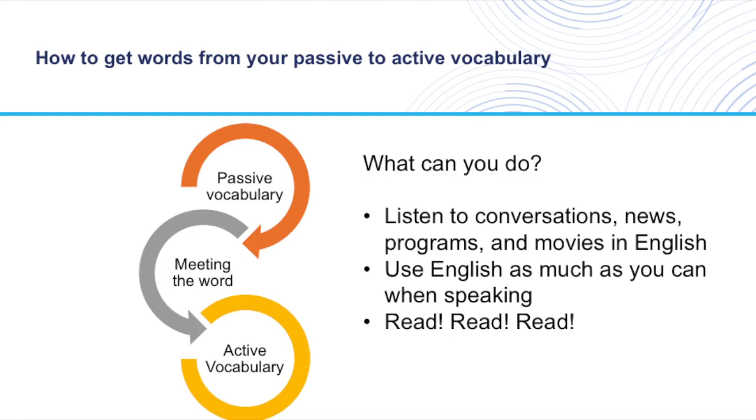Conversations, news, and yes, even TV and movies. Practice speaking English whenever you can. Even if you're not comfortable, it will get easier. Also, people who have the largest active vocabularies are people who read a lot. So read, read, read. This is the end of part 1.